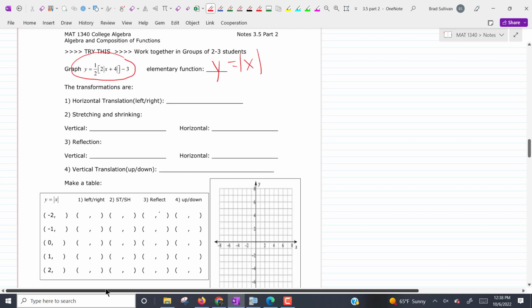All right, we all got our transformations, so I'll let you see what you get on your table here. You're going to get some fractions on these problems, so you can use decimals if you want to when you start doing the stretch and shrink stuff.